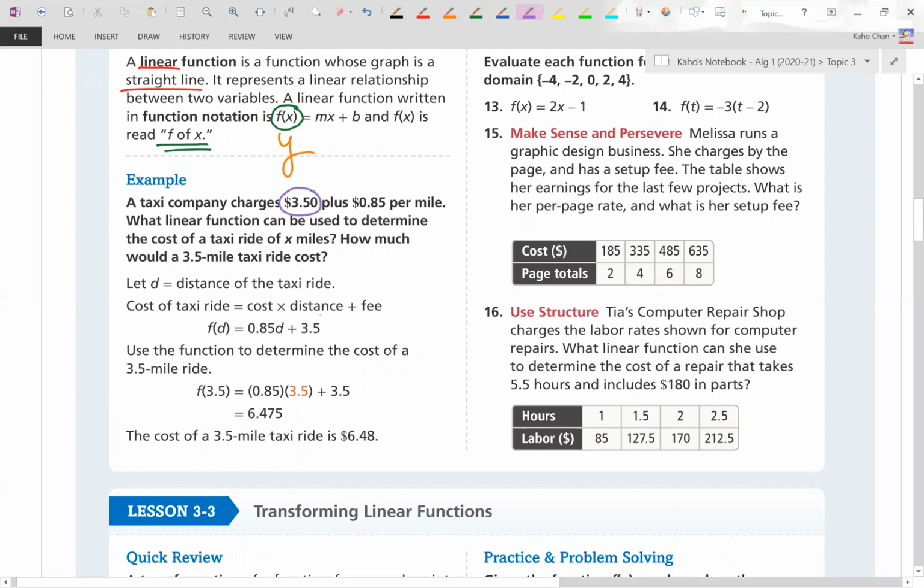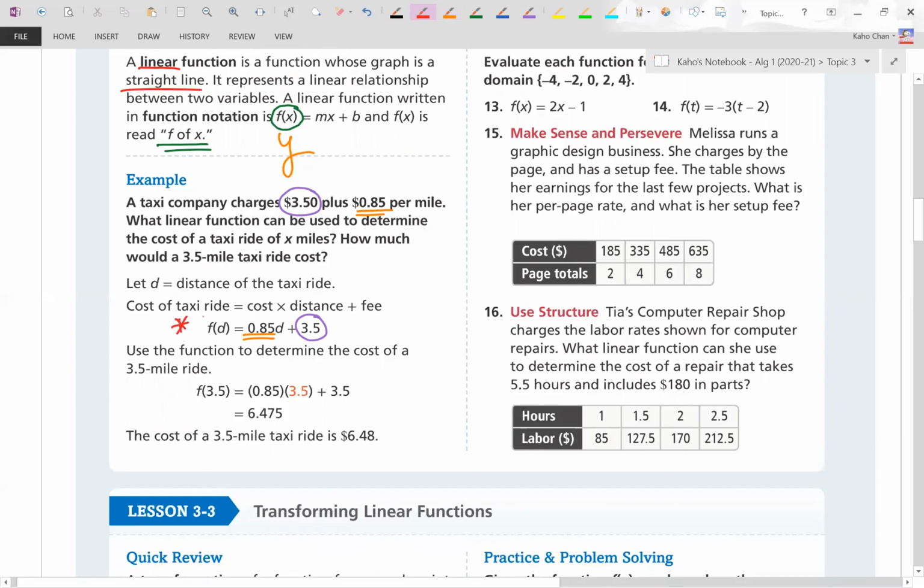It doesn't go anywhere. Okay, it's a constant. But every mile that the cab travels, the taxi, it costs 85 cents. Hence we have 85 per distance in miles. And that's where we get that formula, 0.85d plus 3.5.